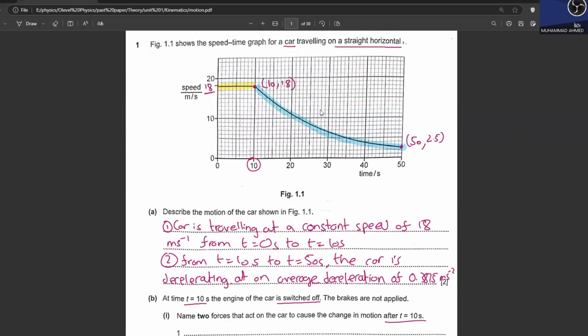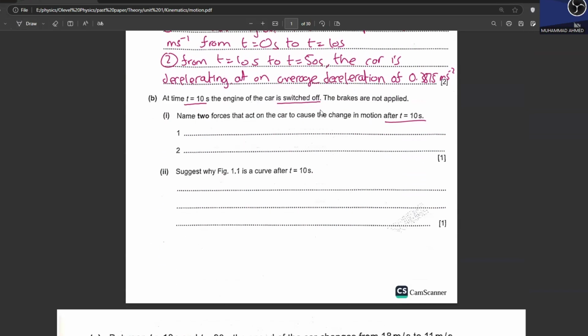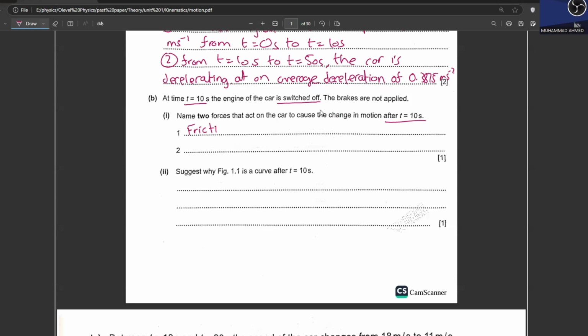The examiner is trying to ask us. So, as you switch off the engine, the forward force vanishes, and then there are only two forces left. That is the friction between the car and the road. And what else is acting once the engine is closed? Air resistance on the car.